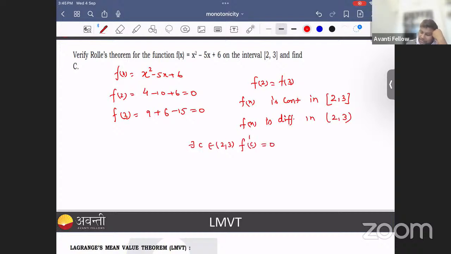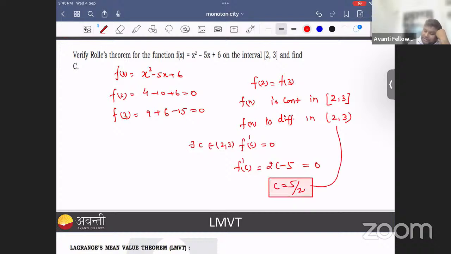Now let us see. f dash c is 2c minus 5. If I make it 0, I get c as 5 by 2. And definitely this 5 by 2 is lying in this interval. Yes or no? This 5 by 2 is lying in this interval.